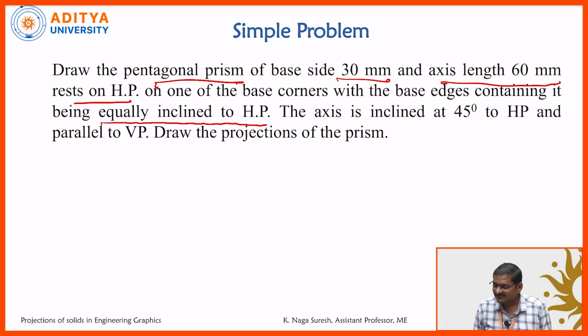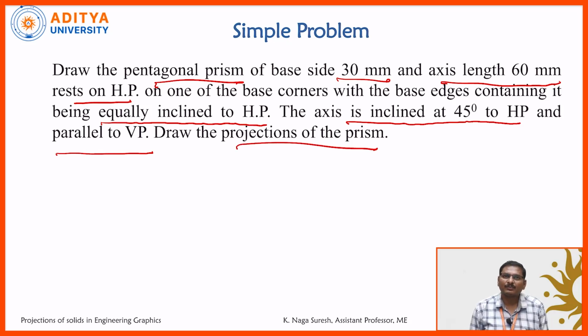The axis is inclined at 45 degrees to HP and parallel to VP. Draw the projections of the prism.